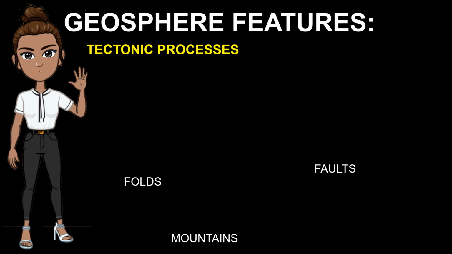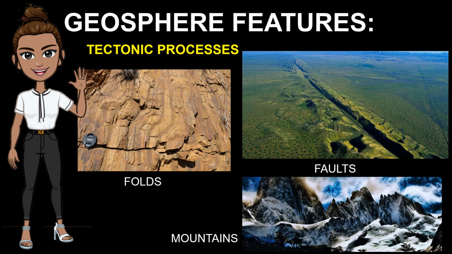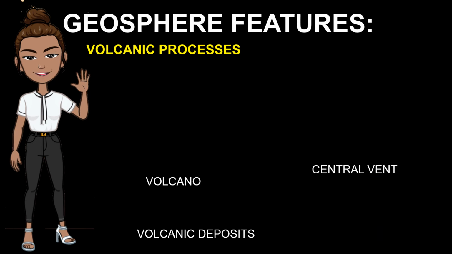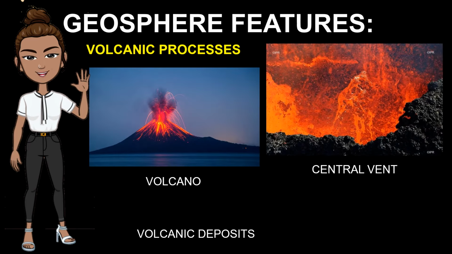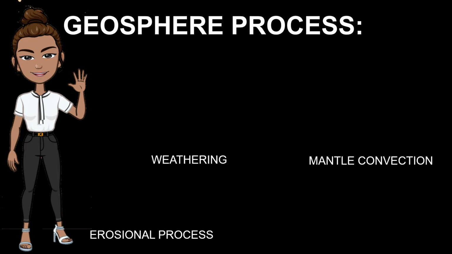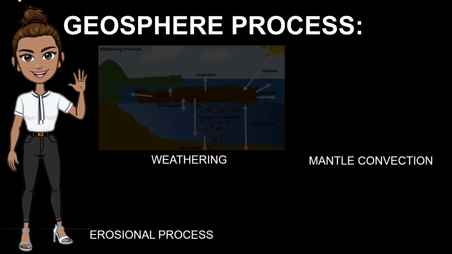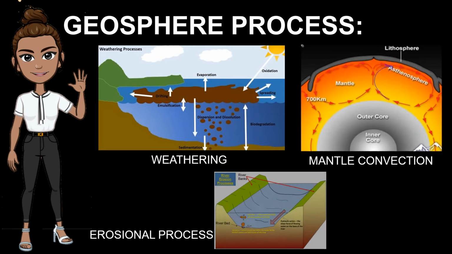As the result of tectonic processes, we can have folds, faults, and mountains. For volcanic processes involved in the geosphere, we have volcano, central vent, and volcanic deposits. Other geosphere processes are weathering, mantle convection, and erosional process.